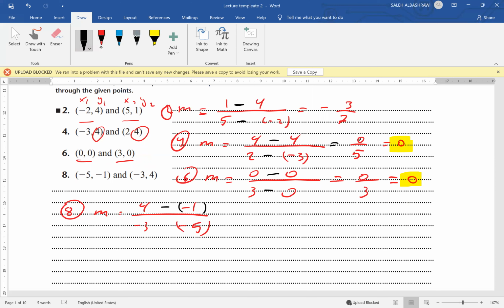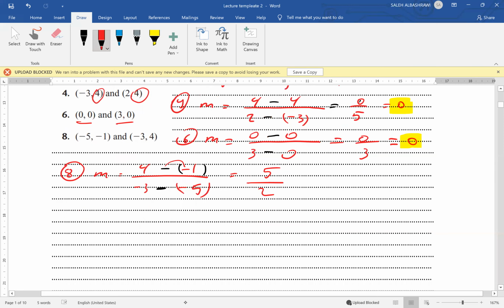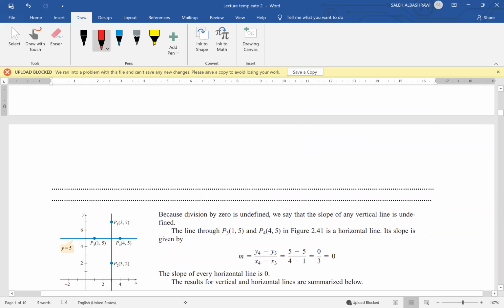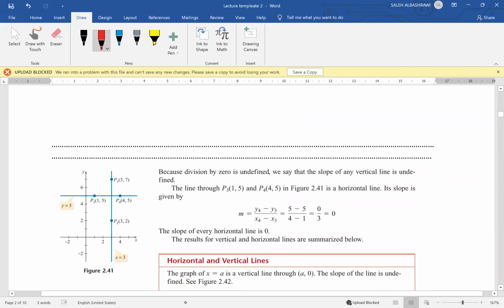So it is 4 minus negative 1, which is 5, divided by 2, because the denominator is minus 3 plus 5, which is equal to 2. So the slope for this line is 5 over 2. Now let's see the meaning of the horizontal line, the 0 slope, and the vertical line.